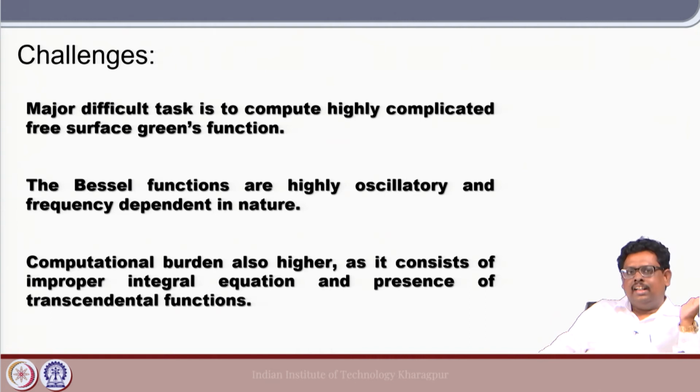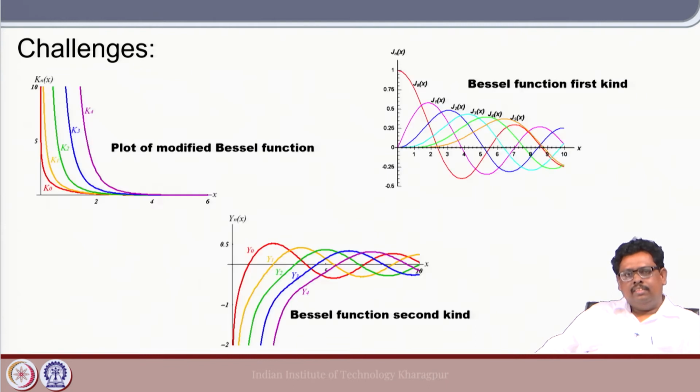So, the challenge I keep saying is the highly complicated free surface Green's function. And why? We have discussed this before. It is of a highly oscillatory nature. Secondly, this K0 Bessel function goes to infinity asymptotically. Okay. So, these are the complex parts.